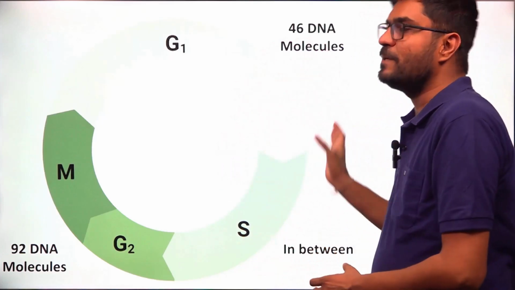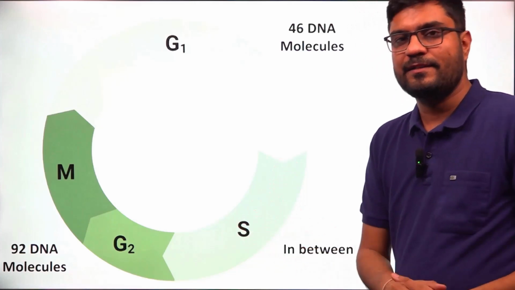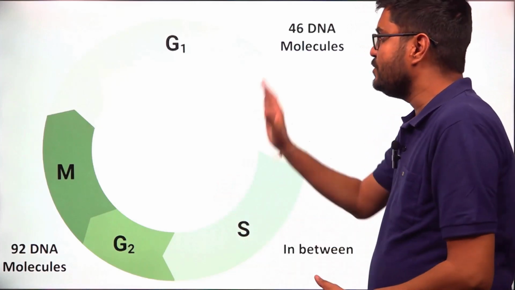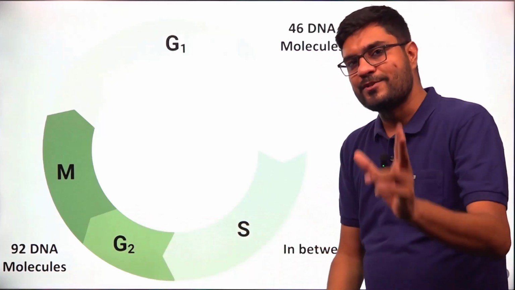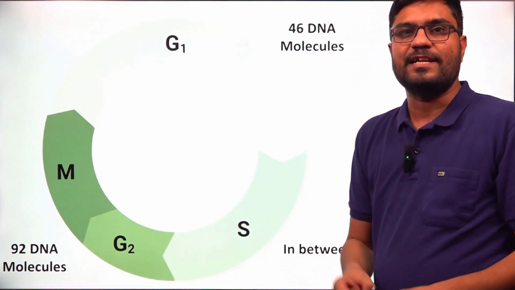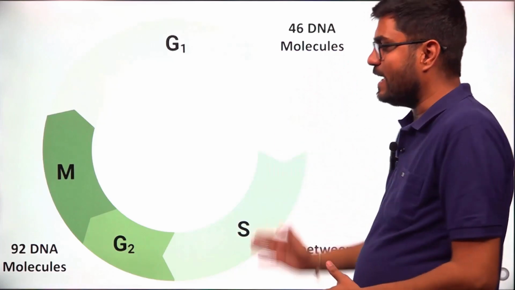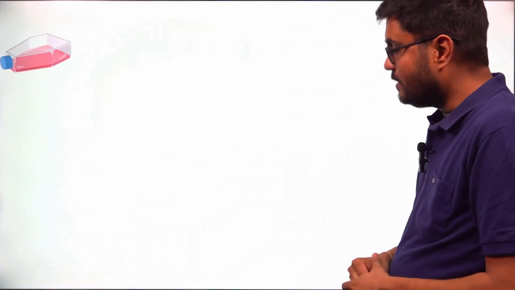So let's do the experiment by using the flow cytometer, and we will be understanding it better. But till now, G1, X amount of DNA, G2, 2X amount of DNA, and S, the DNA amount is in between X and 2X. So let's start the experiment.